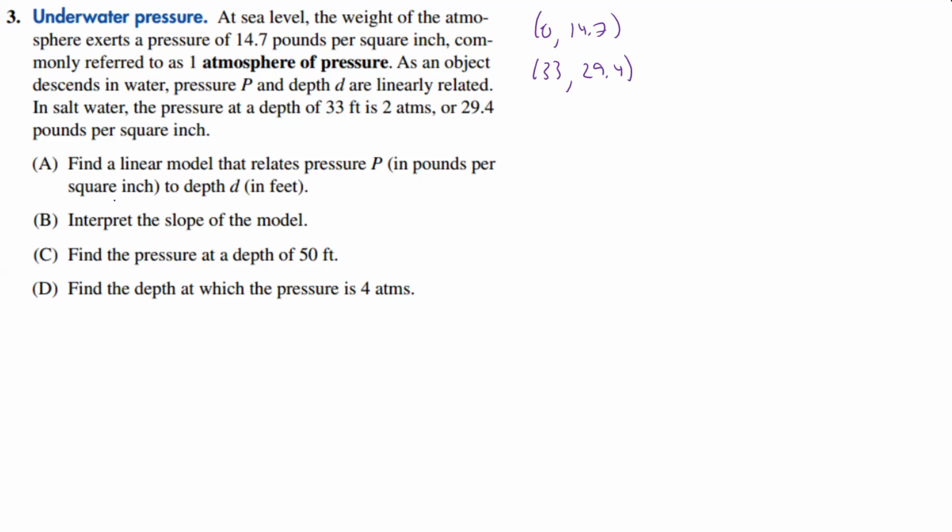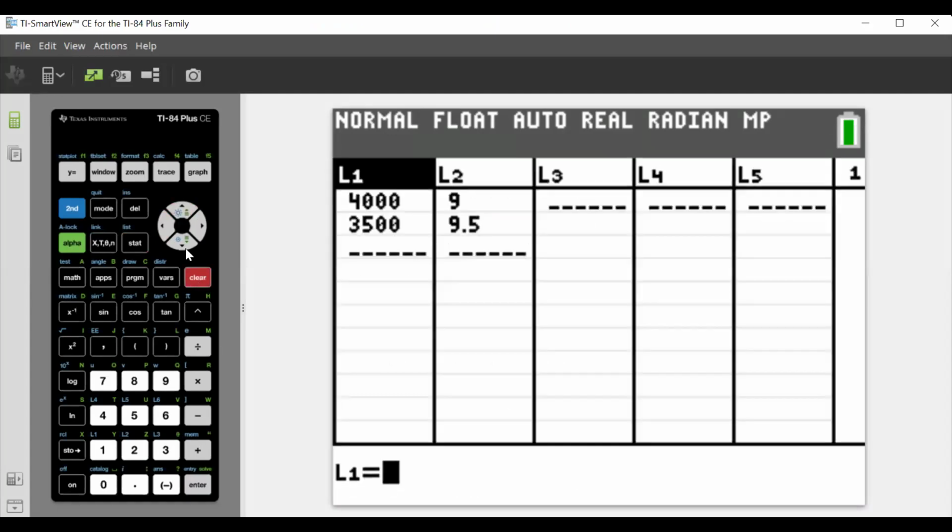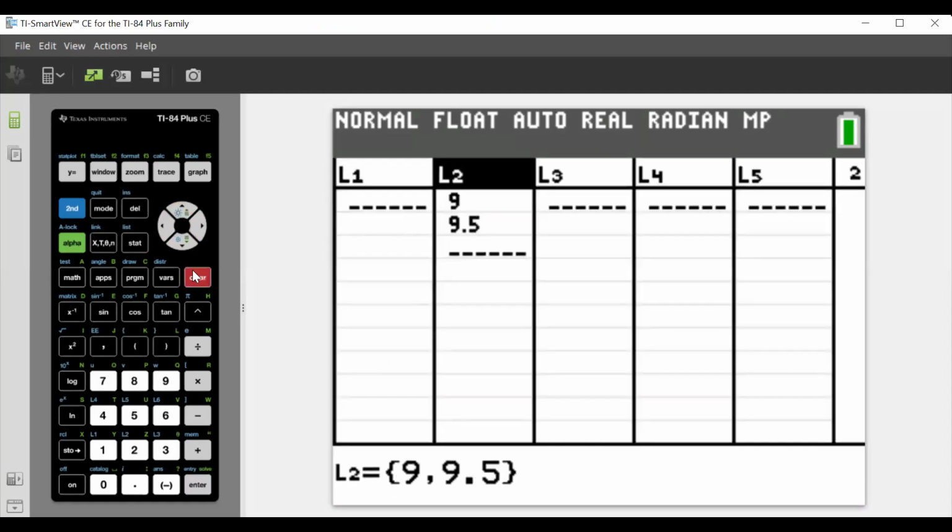We're just going to say it's 33 feet. Now, if we plug this into our calculator, let's see, where's my calculator go here? All right, so we have something from another previous one. So we want to edit, clear that.